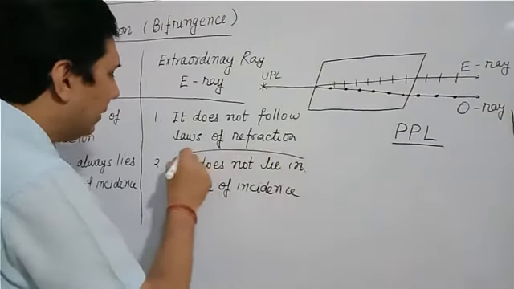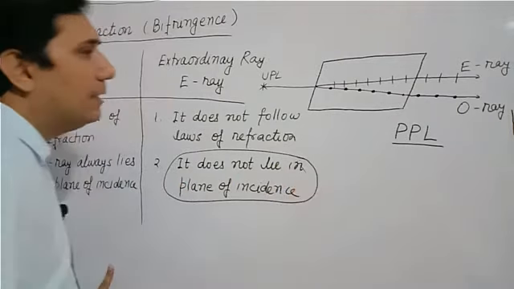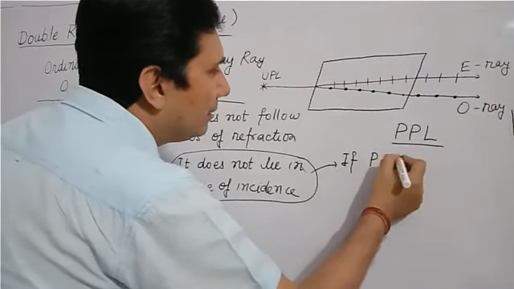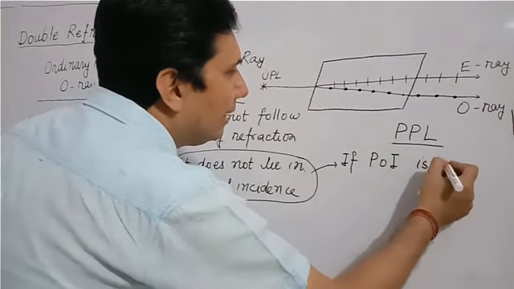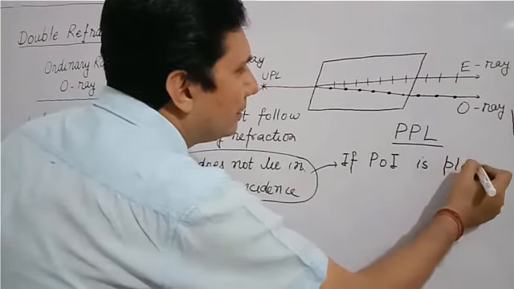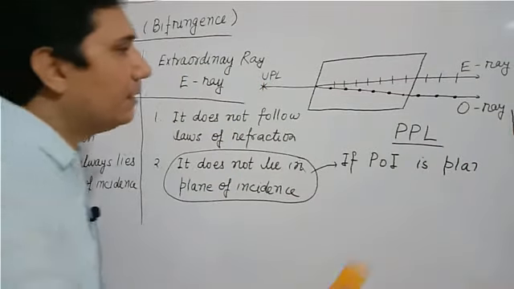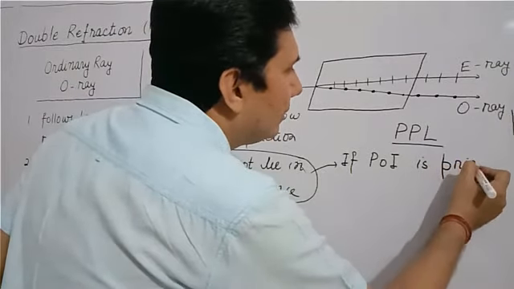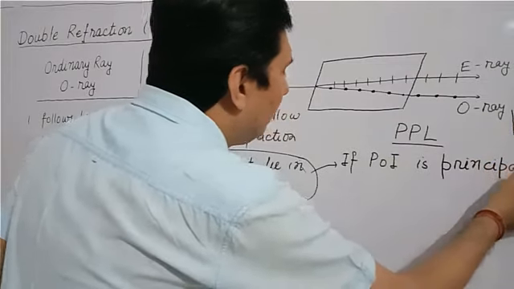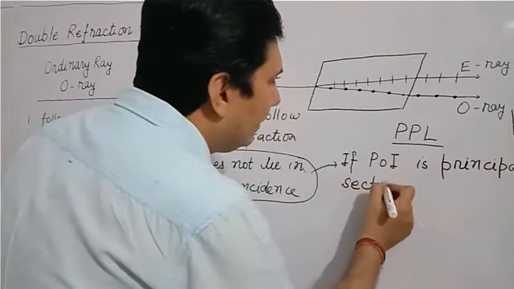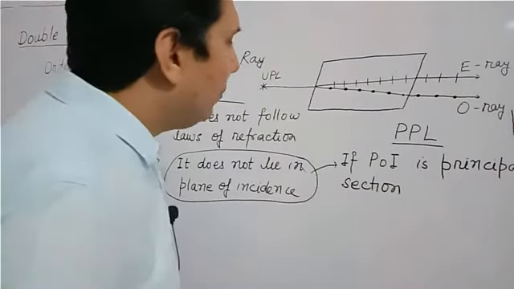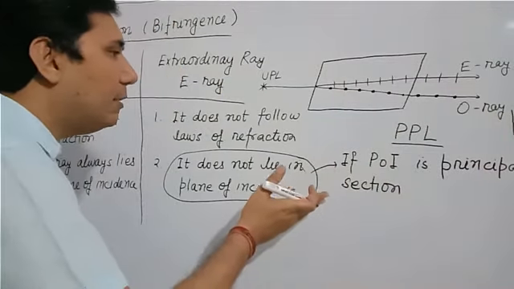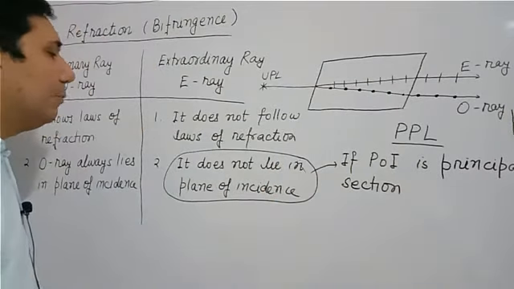However, there is an exception to this. If the plane of incidence is itself the principal section, or the principal section is itself the plane of incidence, then in this case the E ray is also restricted to move in the plane of incidence itself.